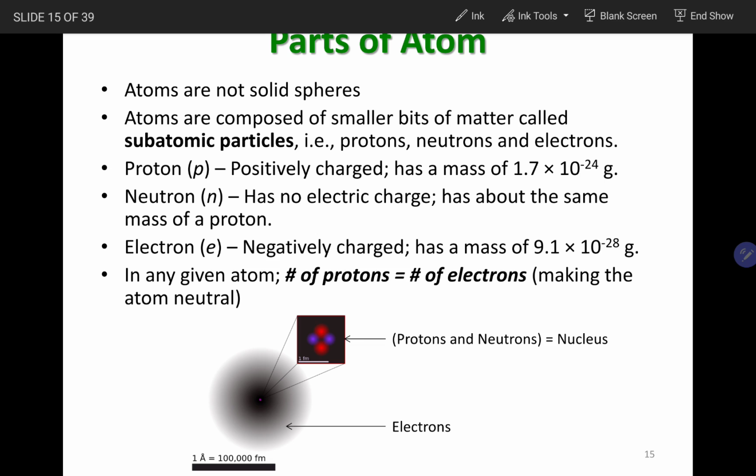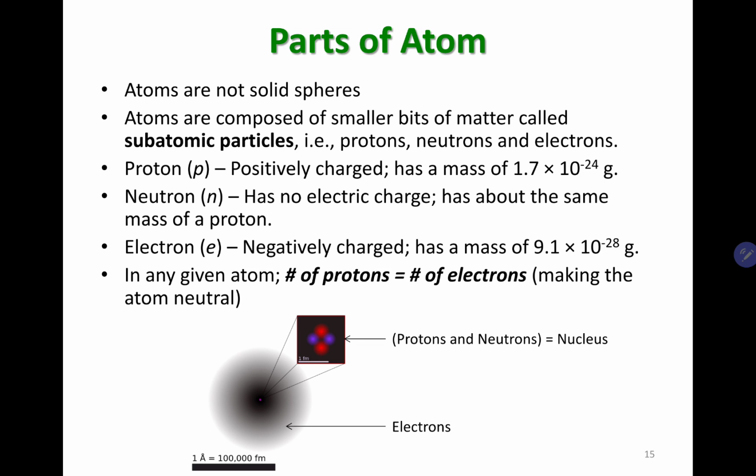And here's the other thing. Now we know the three subatomic particles, their charges and their dynamic structure. Now let's talk about the number of each subatomic particle present in an atom. Atoms are neutral. Remember that atoms are neutral. Even though they have charged subatomic particles, overall atoms are neutral.